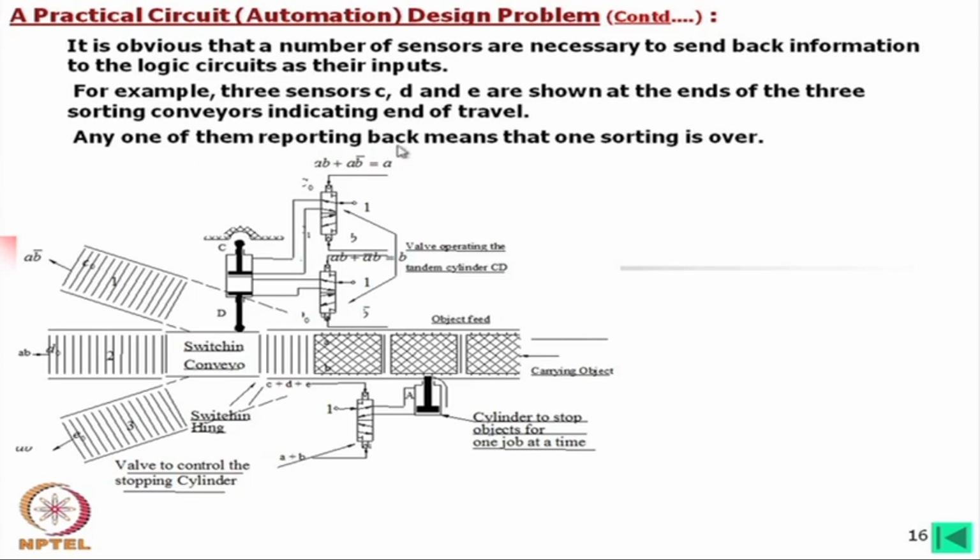Any one of them reporting back means that one sorting is over. That means once this has passed, then another sort is covered over. So, immediately this will go to the other conveyor.